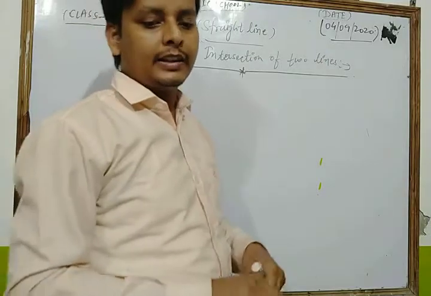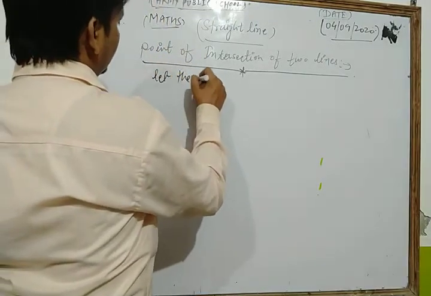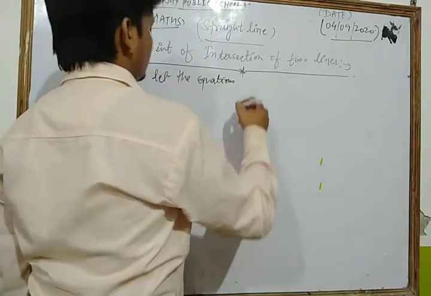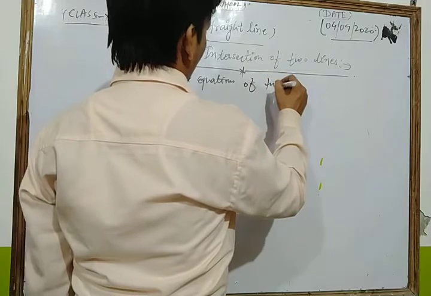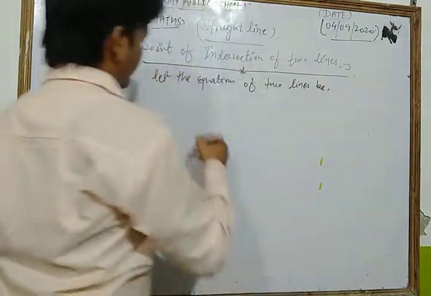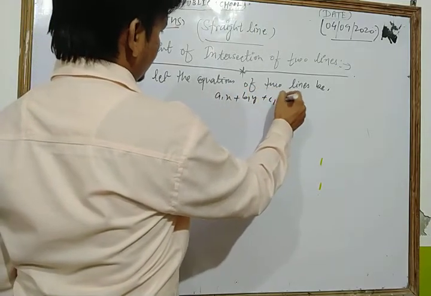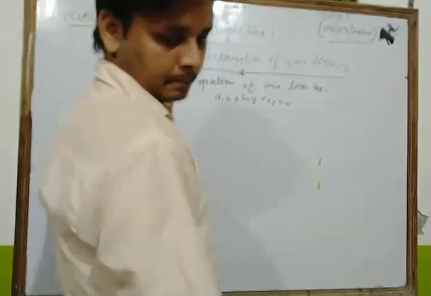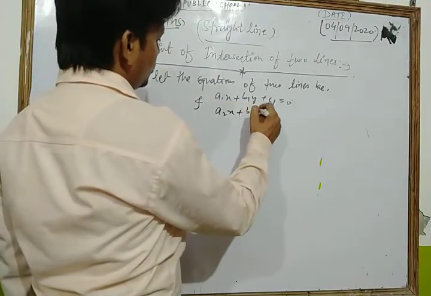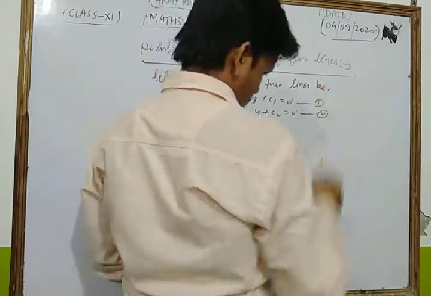Suppose, let the equations of two lines be a1x plus b1y plus c1 is equal to 0, and a2x plus b2y plus c2 is equal to 0. Take this as equation 1 and this as equation 2.